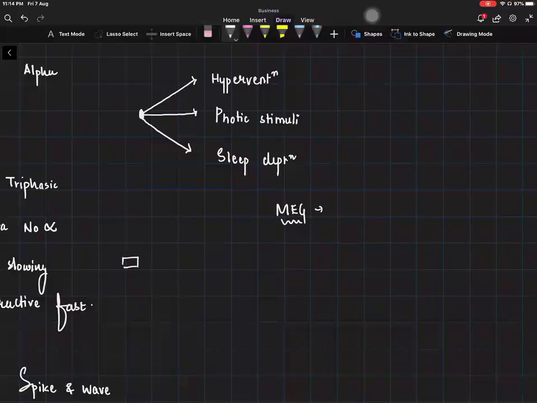So essentially the EEG is sensitive to both radial and tangential electrical waves, and that's why it produces a lot of clutter. It has a lot of impedance. It has a lot of spherical volume which it needs to cover, whereas the MEG specifically detects only the tangential currents. Sorry, I didn't get the full form actually. Magnetoencephalogram.